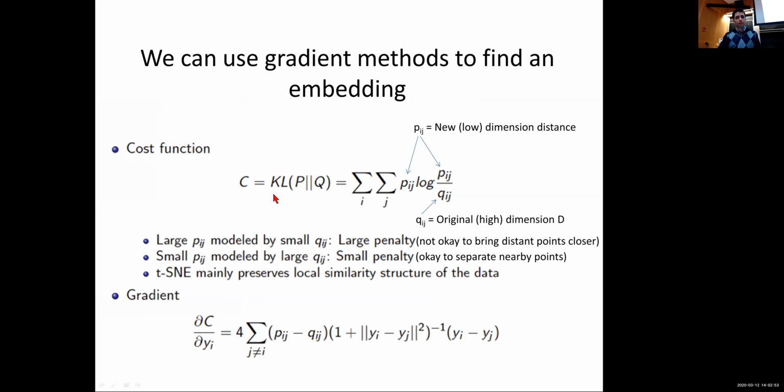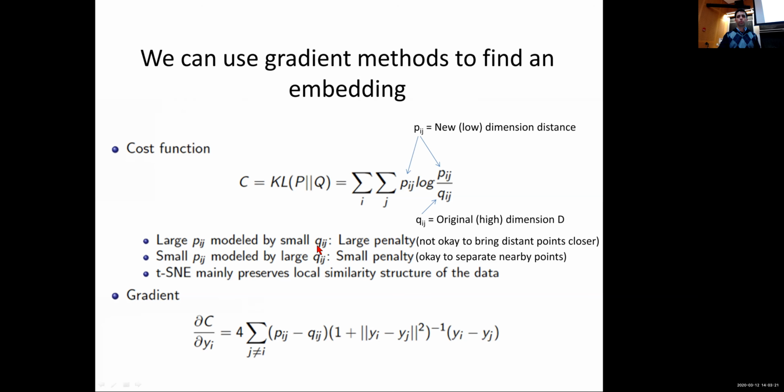So KL divergence is an asymmetric function. So KL of P versus Q is actually very different than Q versus P. And in this particular case, because P is featured in the numerator here, as opposed to the denominator, in the product, we're going to be looking at a large penalty when the original distance is small and now I've moved two points that were initially close far apart. Wait, rather: a large penalty when the original distance is large, and now I've brought two points that were initially far away closer.